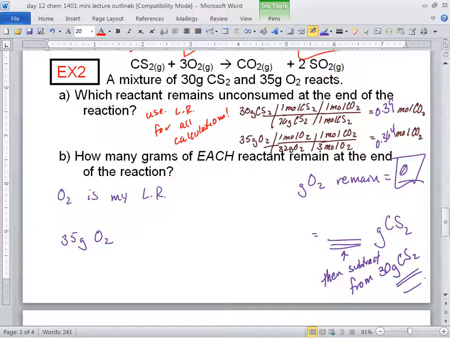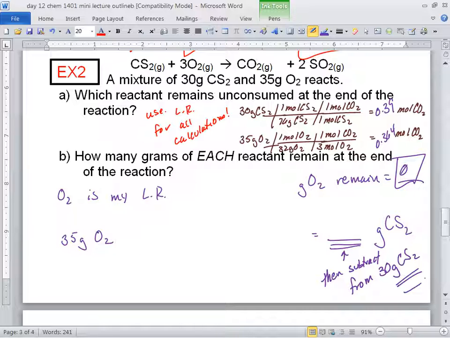Limiting reagent, 0 grams left, because 35 minus 35 is 0. Okay, now we want to know how much of this stuff is left. We use the limiting reagent that we identified for all calculations. So let's convert this all the way to grams of CS2. And we're going to get 26 or something, I don't know. And then subtract 30 minus 26, you say, hey, there's 4 left over. Oh, okay.